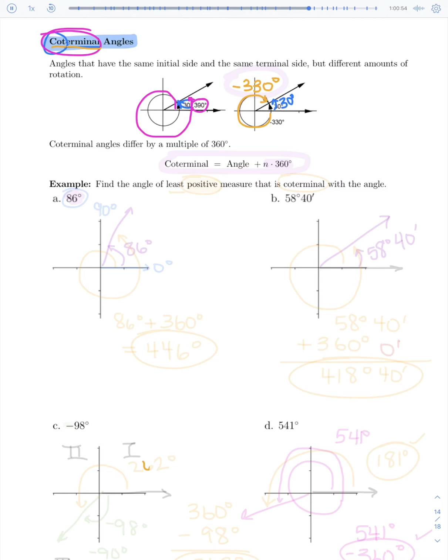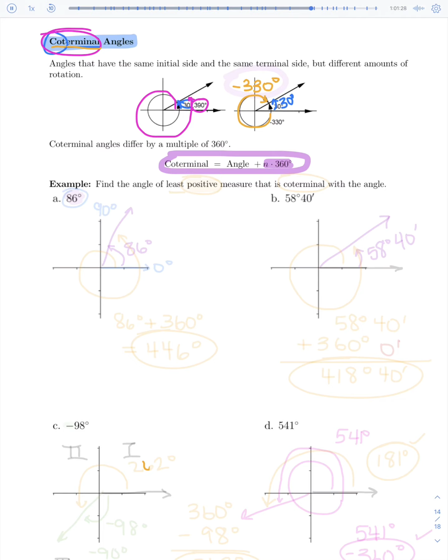So what do we know about coterminal angles? Well, coterminal angles vary by which way you're going around the circle and how many times you go around the circle. So coterminal angle means if I want to go around the circle an extra time and come back to where I started from, I can, and I'll land at the same spot. And that's what this formula down here towards the bottom says. If I want to find a coterminal angle, I can add a 360 once, twice, 3 times, 4 times, it doesn't matter.